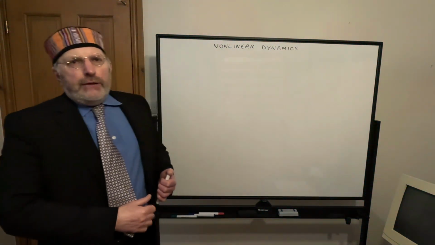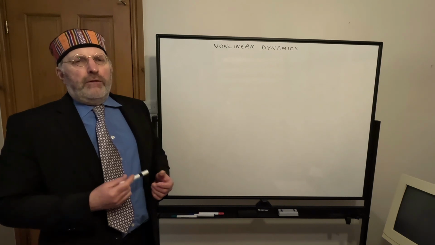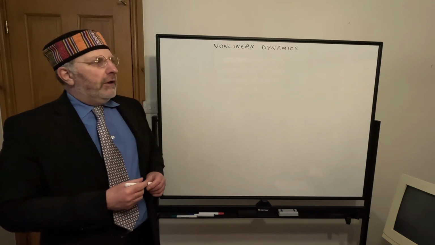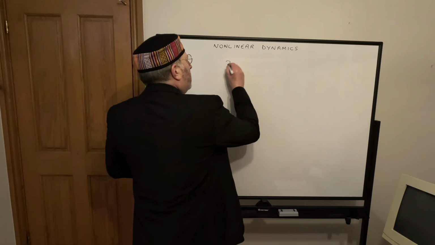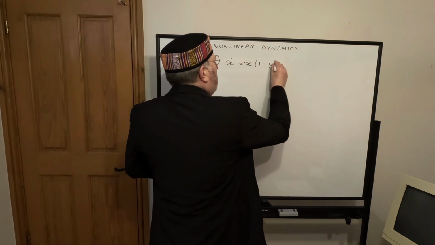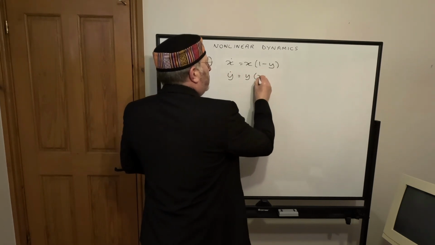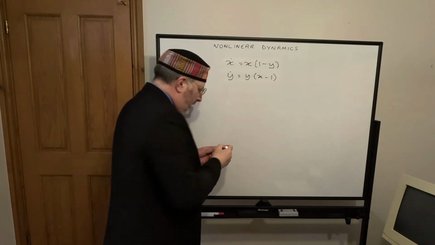Now for a two-dimensional phase space, we'll take the example of a system of Lotka-Volterra equations. So we'll have x dot equals x into 1 minus y, and y dot equals y into x minus 1.